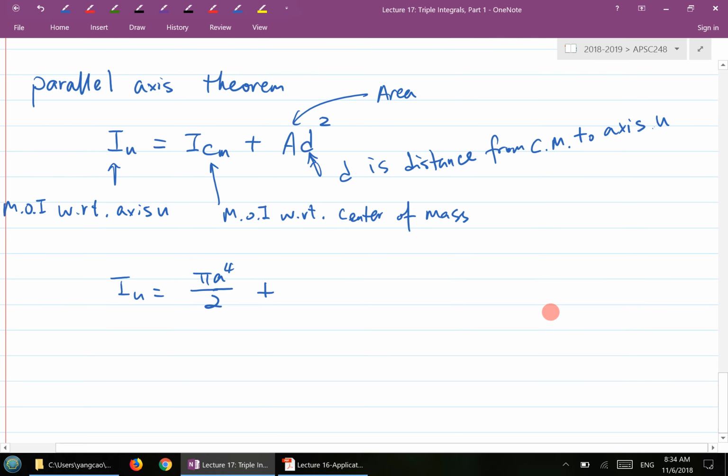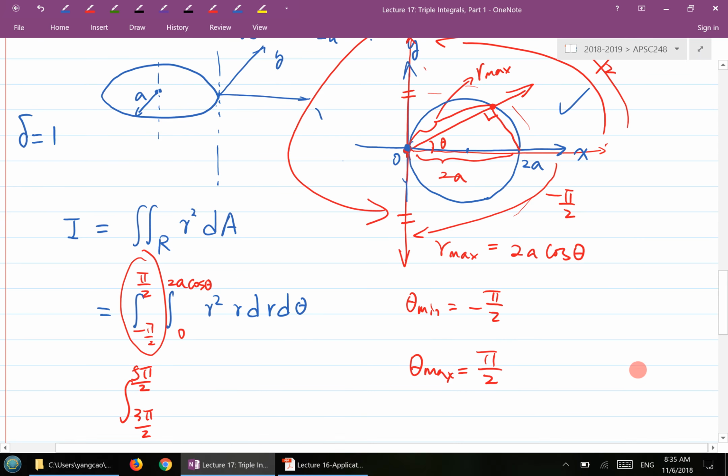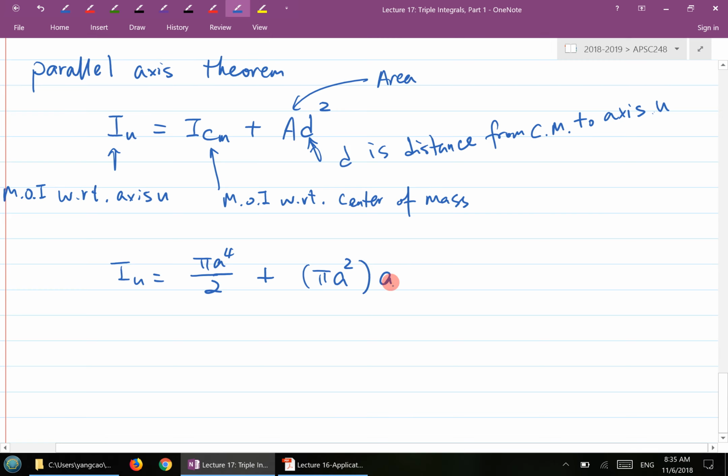That's your I with respect to the center of mass, and the area is pi a squared. That's your circular disk, and d squared is the distance between the center of mass and the axis u. So in this case, what's the d? It's between the center of mass and the u here. So that's a, right? Times a squared. You put all these together, you get exactly the same answer as the regular calculation.